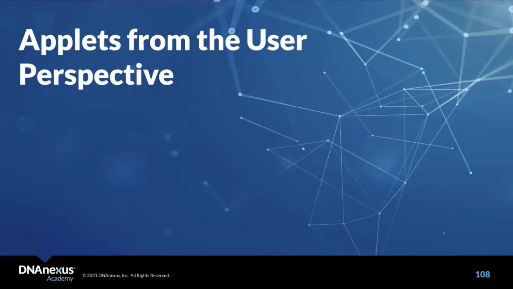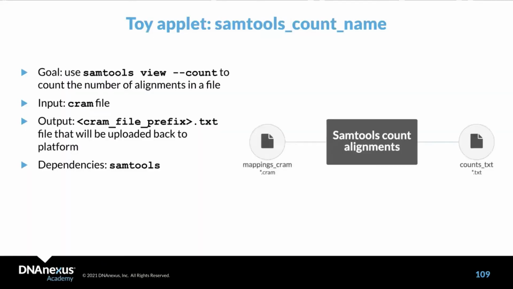And now we can look at the applet from the user perspective. So what do you need to know when you're creating an applet? As I said already today, our toy applet will be SumToolsCountName. And for that, we will be using, and you will look more into the exact code that we have in our applet, samtools view -c to count the number of alignments in the file.